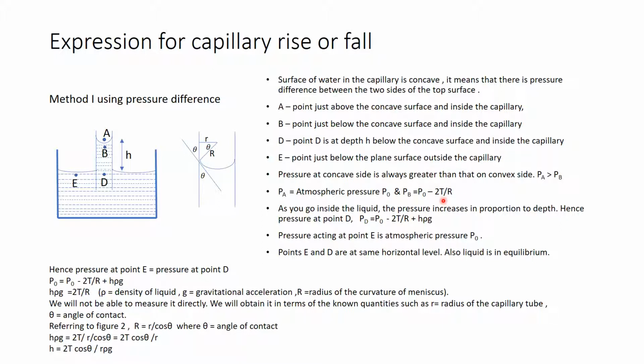We derived in the last to last video the expression for the excess pressure inside a liquid drop, which is also popularly known as the Laplace equation for a spherical membrane. Here we are treating this concave liquid surface as a spherical membrane, and this term comes from the Laplace expression. So the pressure at point B becomes P0 minus 2T upon R. Obviously, it is smaller than the pressure at point A.